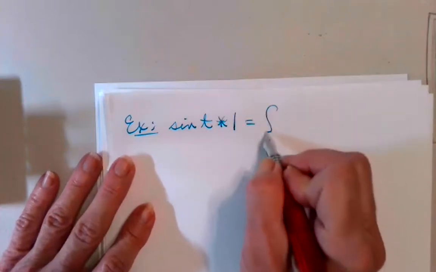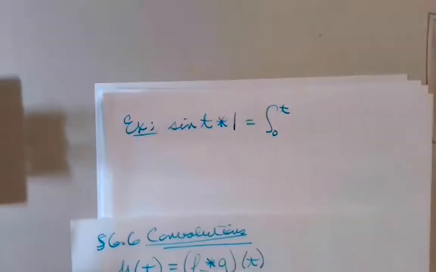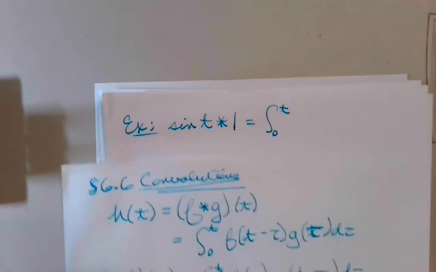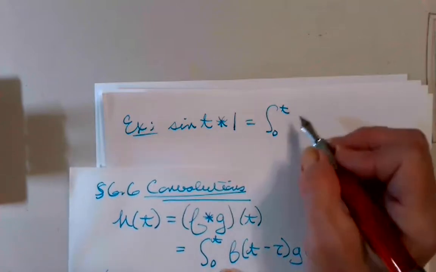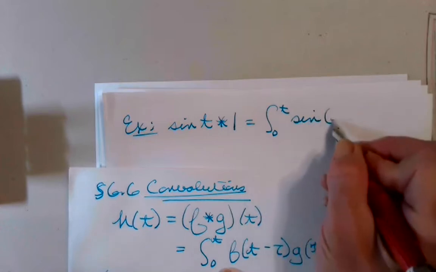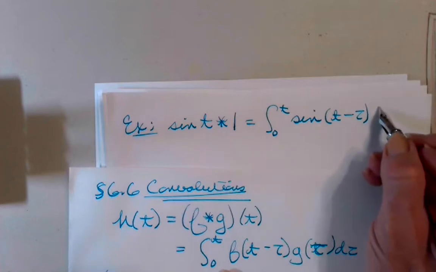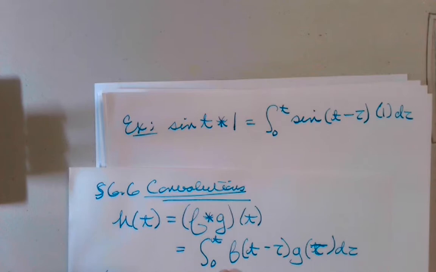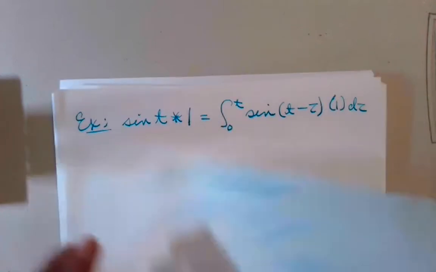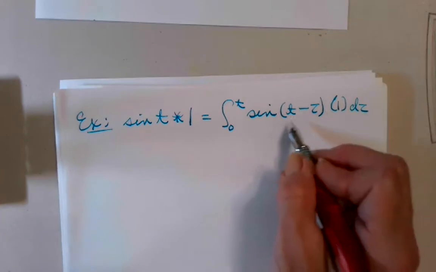So that's the integral from 0 to t by the definition of convolution. Remember the definition of convolution. You take the first function and you evaluate it at t minus tau. The second function you evaluate it at tau, but that function is just 1. And then you integrate with respect to tau. Okay, so now let's compute that. So I make a change of variables.